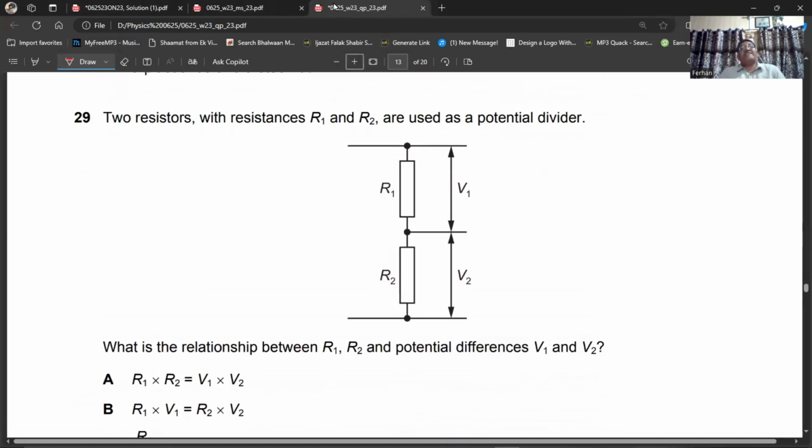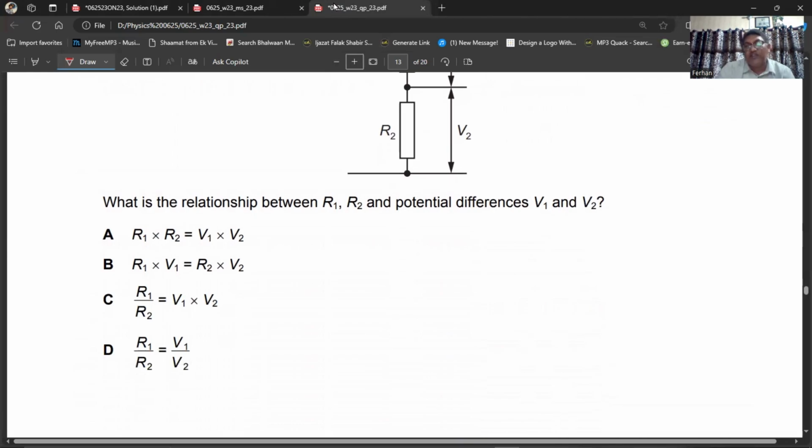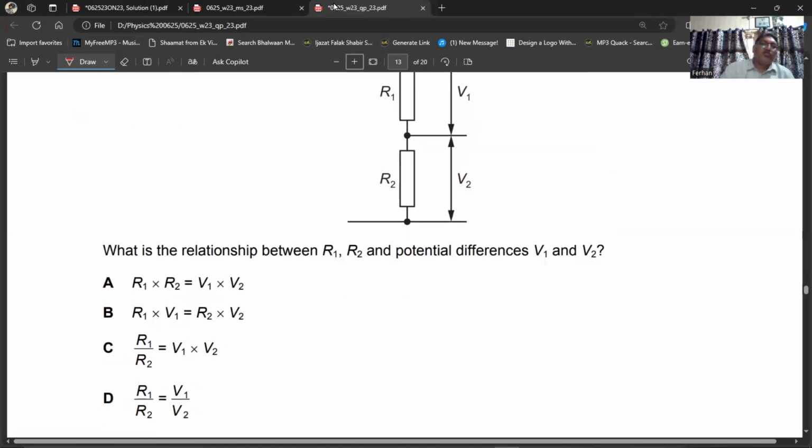Question number 29. Two resistors with the resistance R1 and R2 are used as a potential divider. What is the relationship between R1, R2, and the potential differences V1 and V2? The more the resistance, the more will be the potential drop across it. Less the resistance, the less will be the potential drop across it. That's a simple relationship. So R1 by R2 should be equal to V1 by V2. So I think D is the answer.